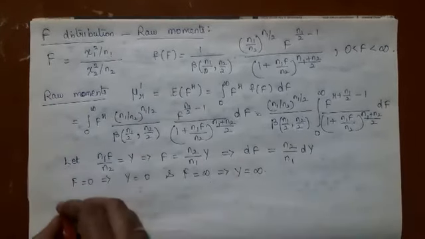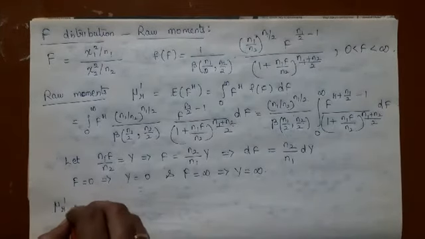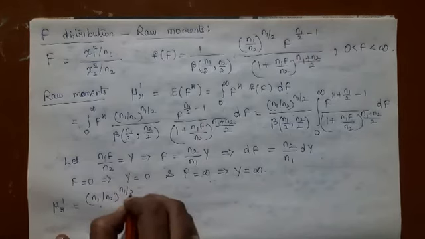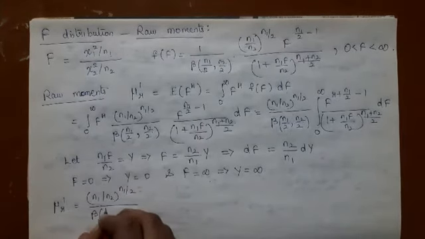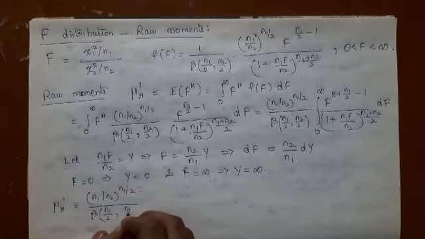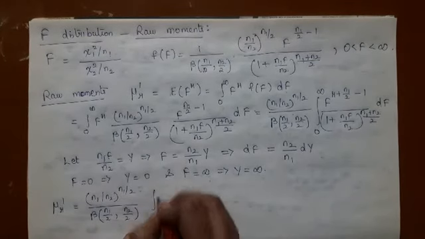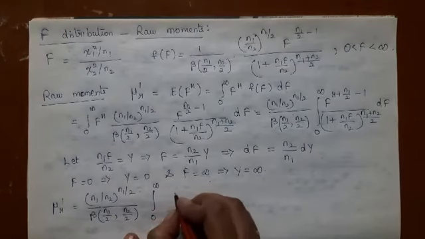Let us go for this μr', which is (n1/n2)^(n1/2) divided by beta of (n1/2, n2/2) times the integral, the range is the same, 0 to infinity.